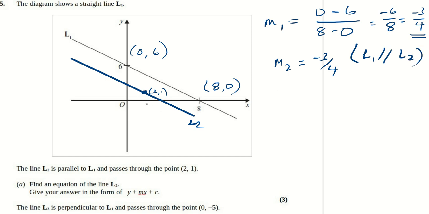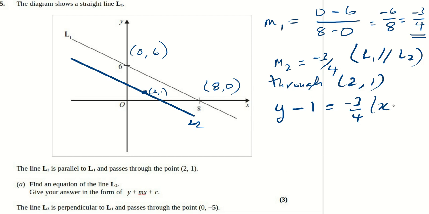And we've got a point that L2 goes through, so it goes through the point (2, 1). So what we can easily do is y minus 1 equals m lots of x minus 2. And then if we expand this, we get y minus 1 is minus 3/4 x.